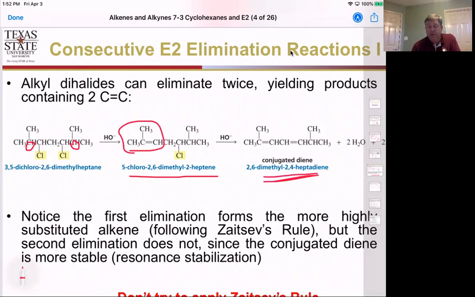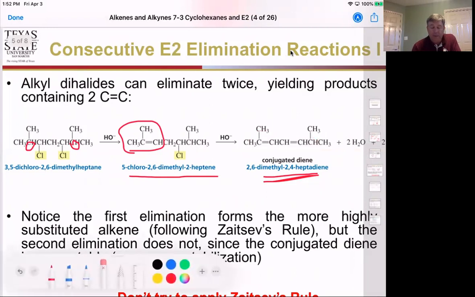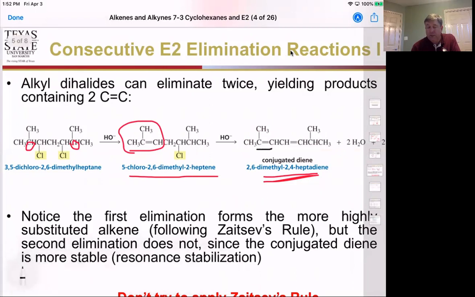Instead of forming this tri-substituted isolated double bond and this tri-substituted isolated double bond, once one side forms, the other side is going to form in a conjugated fashion. So it's going to be double bond, single bond, double bond, giving us our conjugated diene.